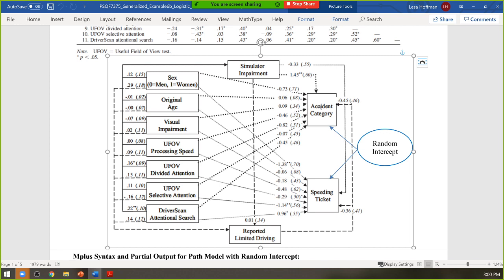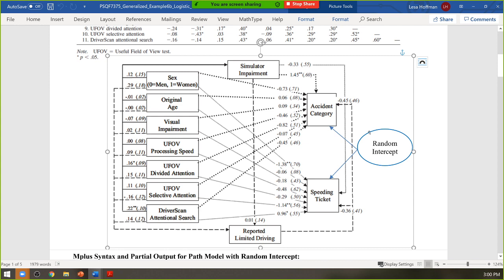Each of these variables is binary. So what is happening when they are predicted by these other boxes is that we are fitting a logistic regression to each of the binary outcomes, whereas the paths between my variables on the left and the middle variables here, which are being treated as normal, those are regular regressions.